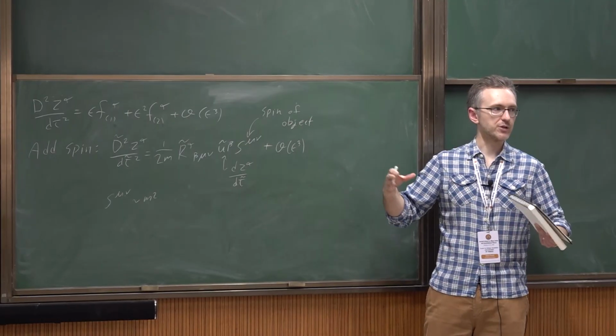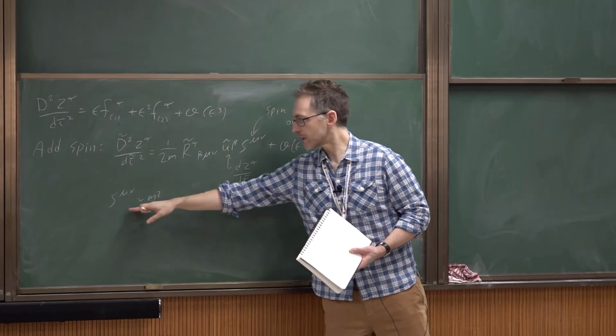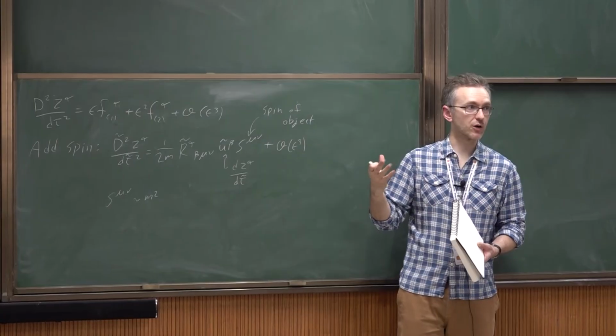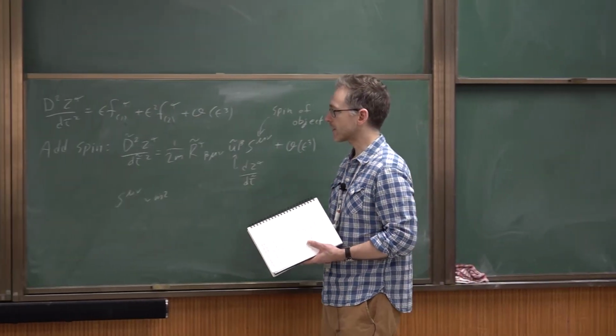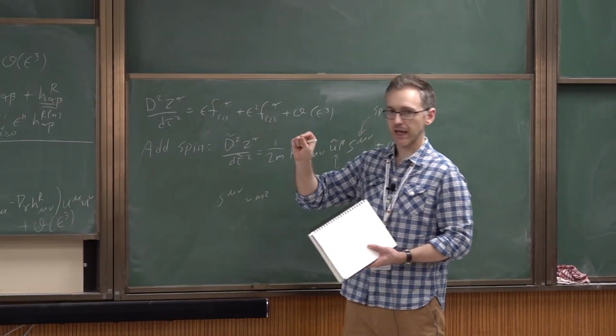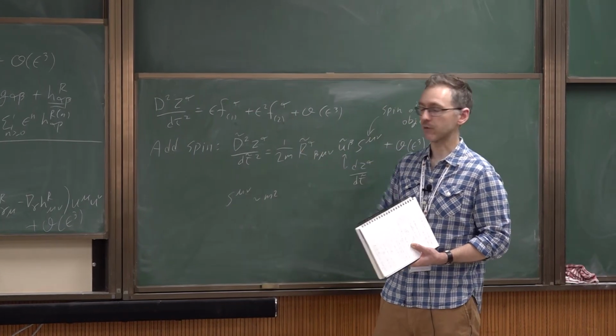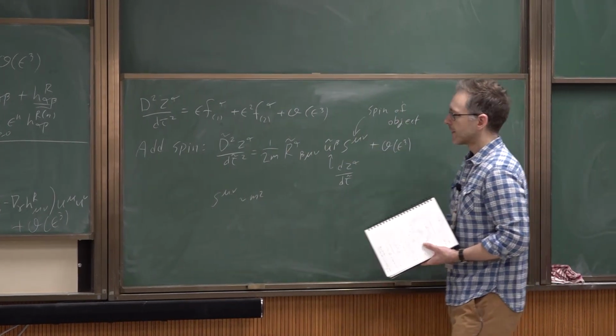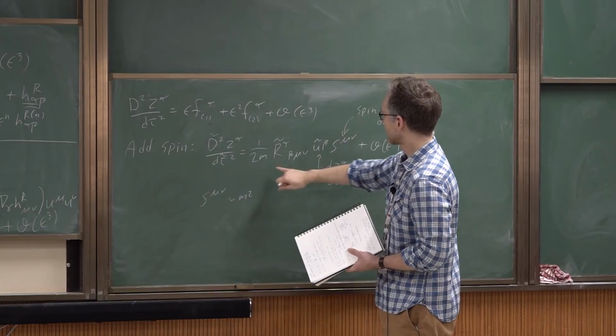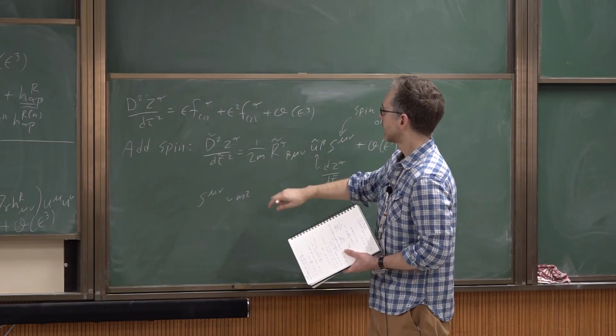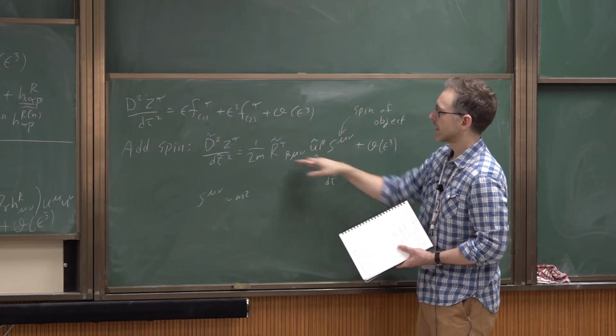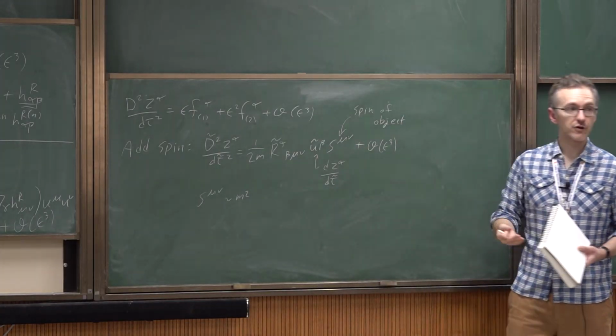So if the size of your object is proportional to the mass, your spin is mass squared. Just like a Kerr metric, its spin angular momentum is little a times its mass, which scales with mass squared. So you've got mass squared, and then you divide by mass. So this force here is linear in the mass, just like the first order self force.